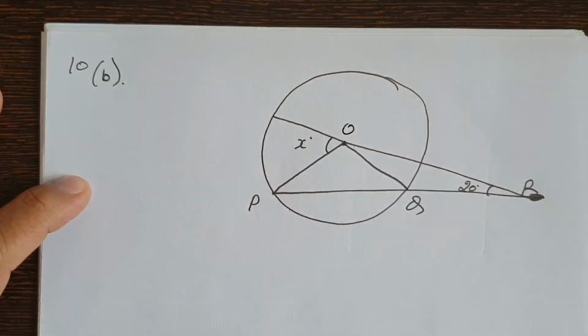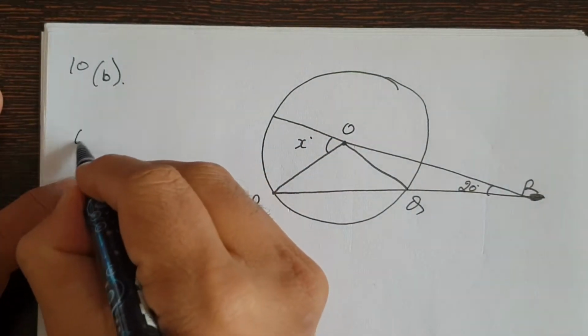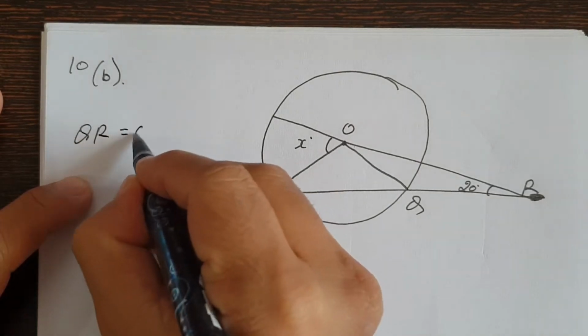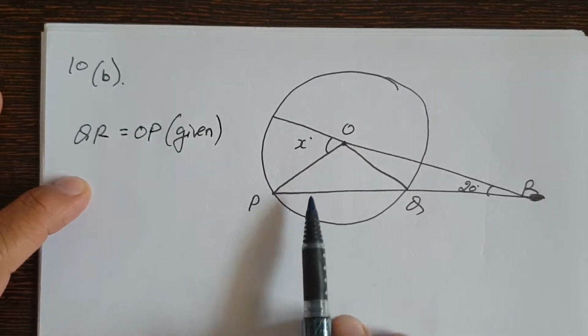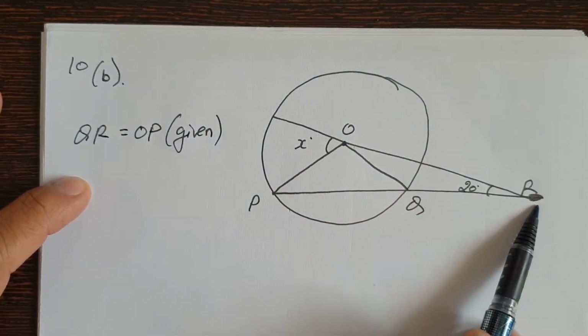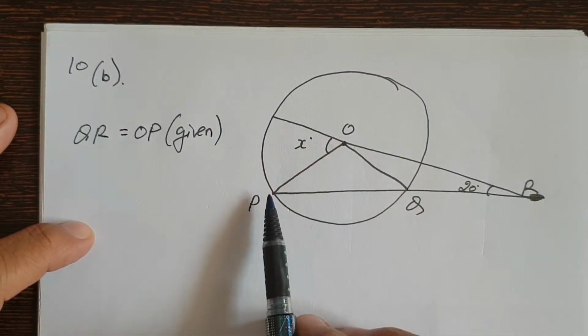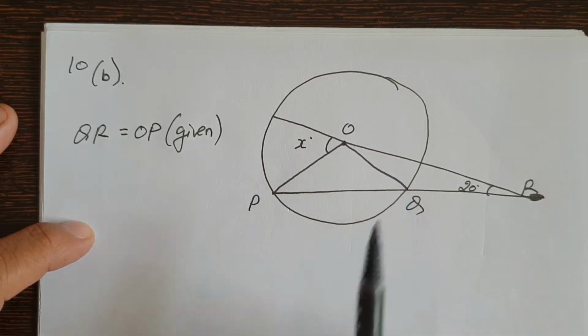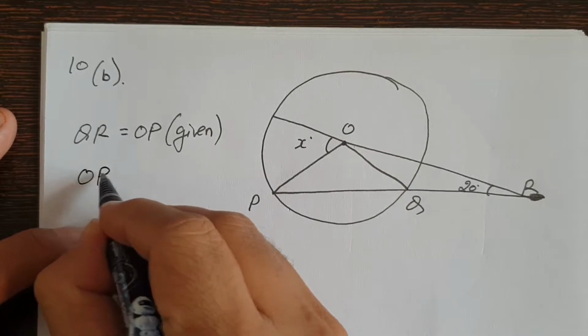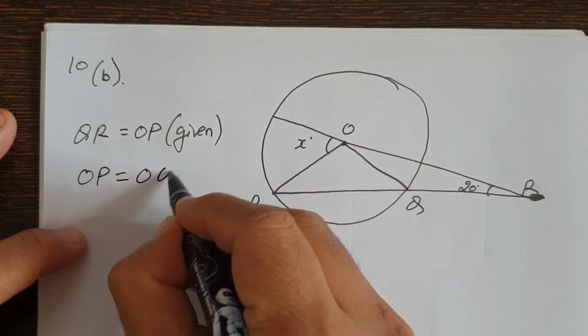This is point O. Now what is given to us is QR equals OP. That is given to us. It is this QR, this is R, equals OP. Now we know that OP and OQ are the radii of the same circle. So OP is equal to OQ.